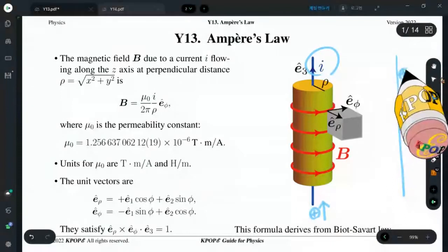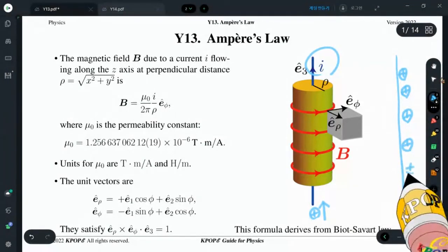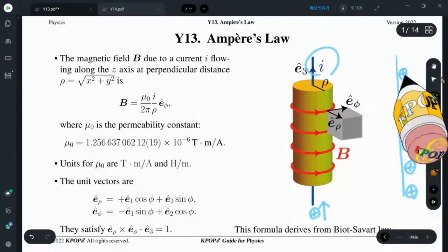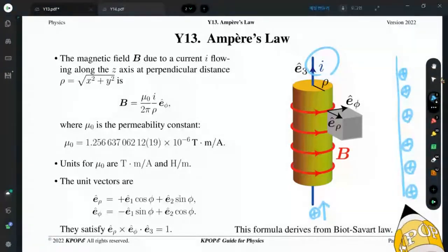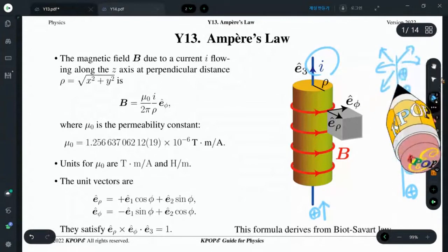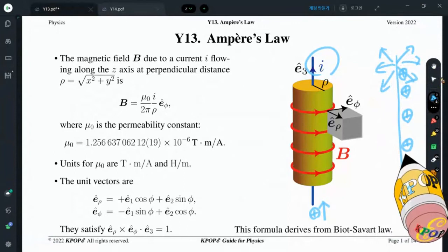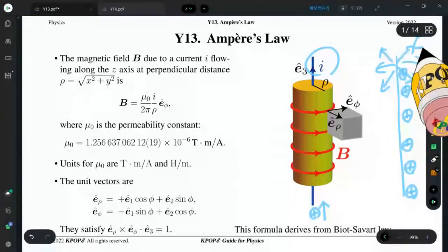if there is a stationary charge distribution, then the electric field radiates along the planar radius direction. This is the E field.